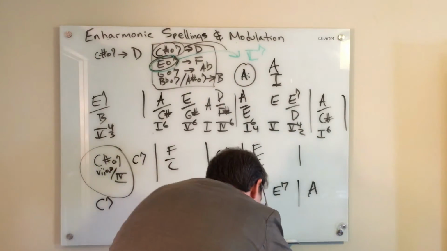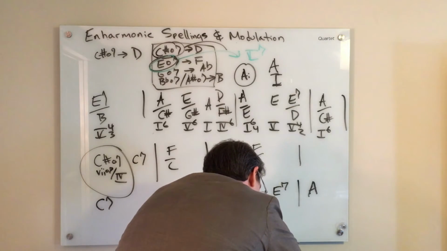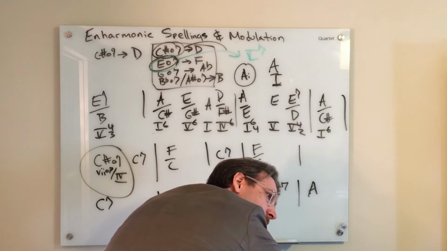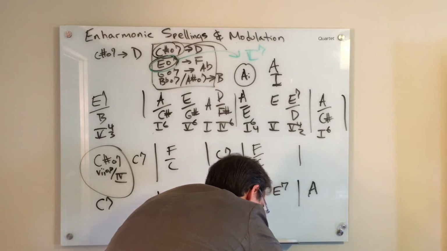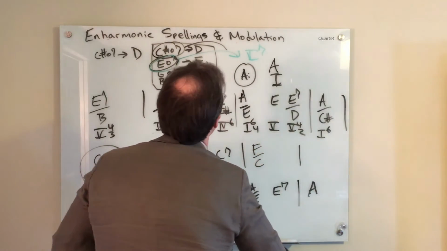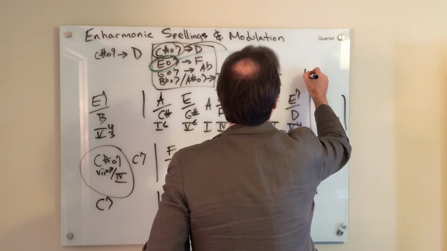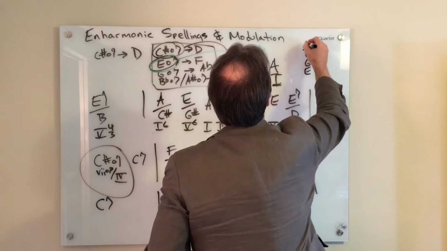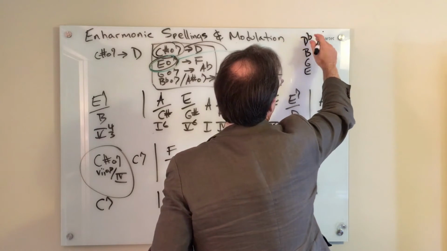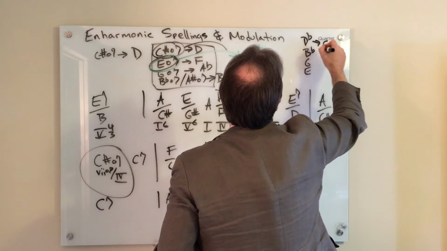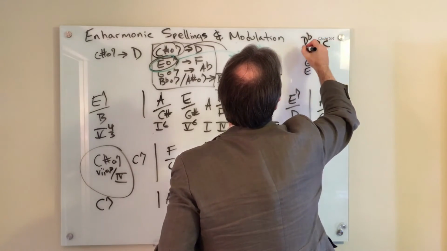What happens in this case, we say E, G, B flat, D flat. The 7th of your diminished 7 chord goes down a half step and creates the 5-7 chord.